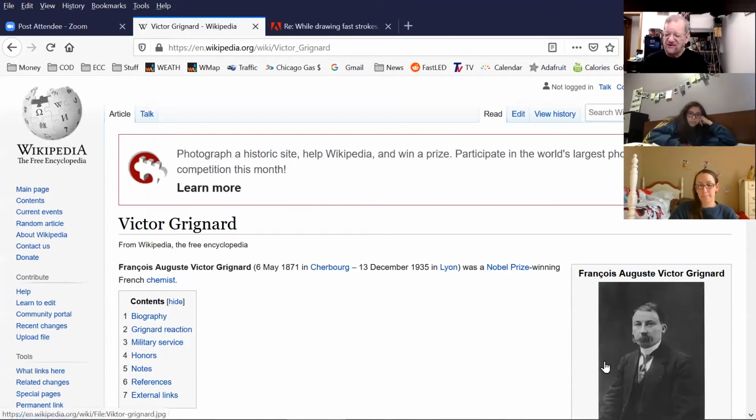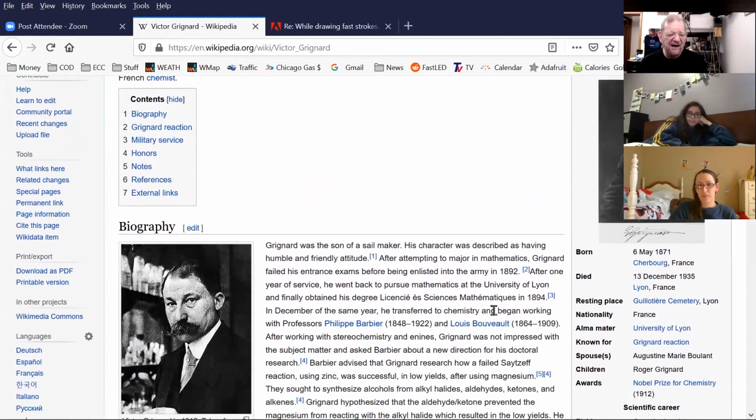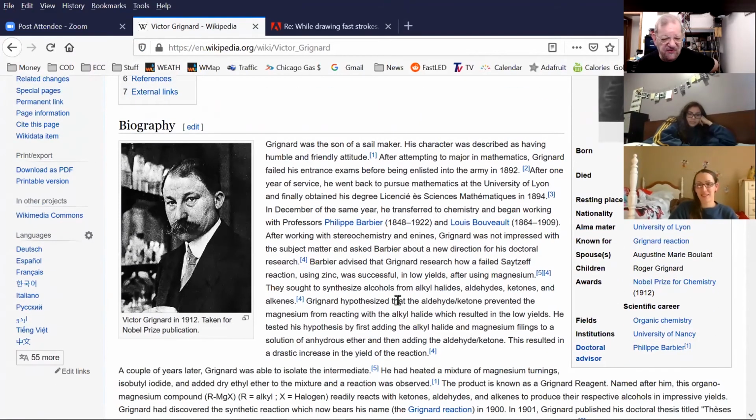And this is Victor Grignard. Don't you love that mustache? And he won the Nobel Prize for the reactions he's famous for. And they were so important, they were named after him, the Grignard reactions. And he's a French organic chemist.